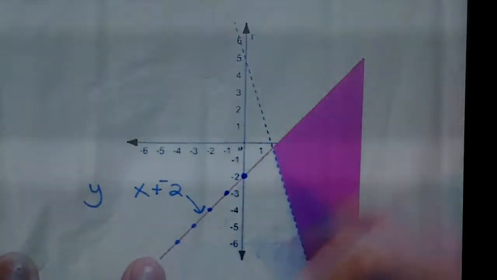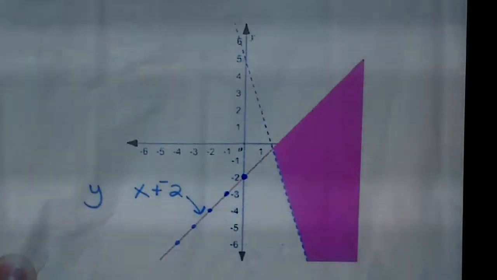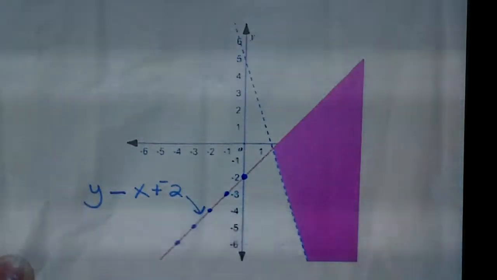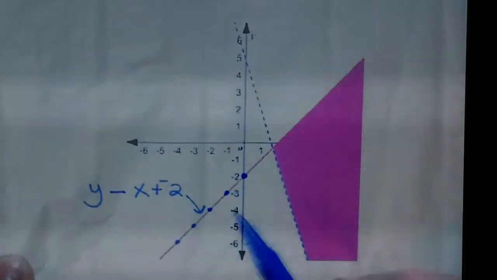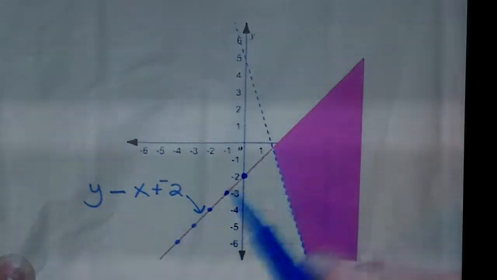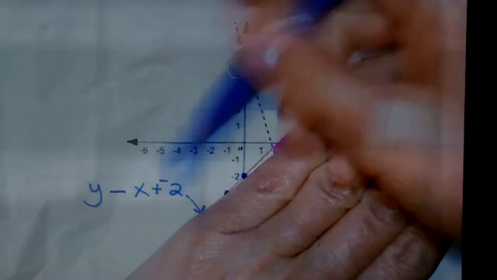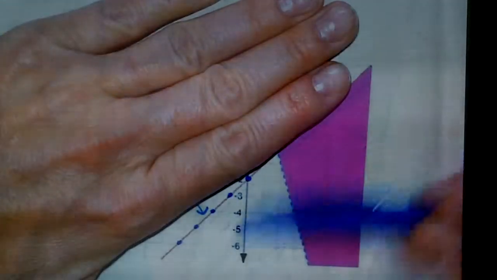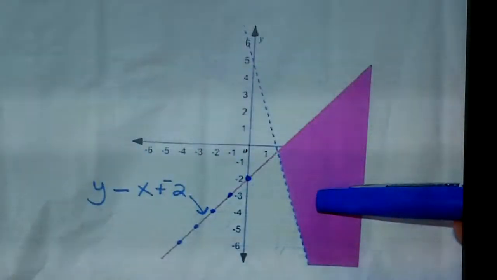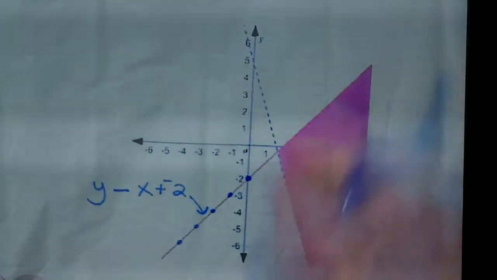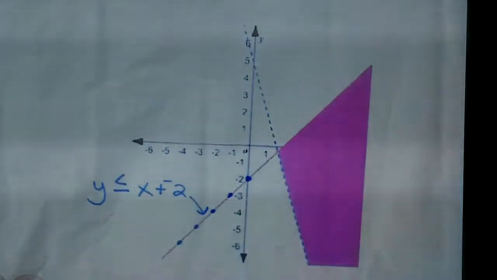So step 1, it's a solid line, right? That means it's going to be an equal to one. So I'll put that solid line underneath. Now, if I was trying to figure out where this was shaded, if my solution points are in here, if you shaded above, you wouldn't end up in this little area. So you would end up having to shade below in order to be a solution point to this equation. So if you're shading below, that means that y is less than or equal to x plus -2.